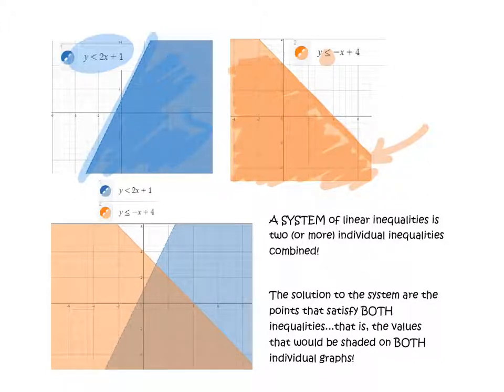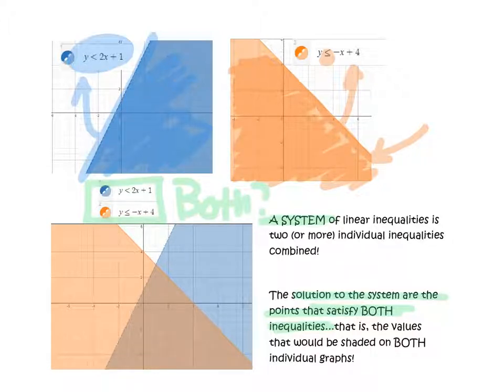So if we're doing a system of inequalities, we know that when we're looking for a solution to a system, it's where we're looking for the points where it satisfies both inequalities. So if the blue satisfies this inequality, and the orange satisfies that inequality, where are the points that satisfy both? Well, that'd be where they overlap.